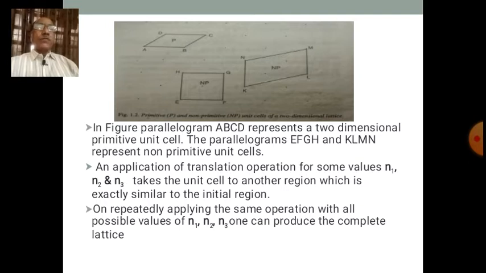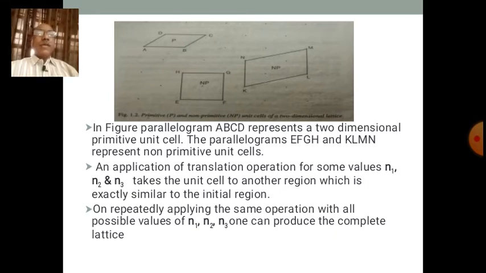In these non-primitive unit cells, there are lattice points at the corners as well as at other locations. In case of KLMN, you can see that there are 2 lattice points in the inner side of the parallelogram.